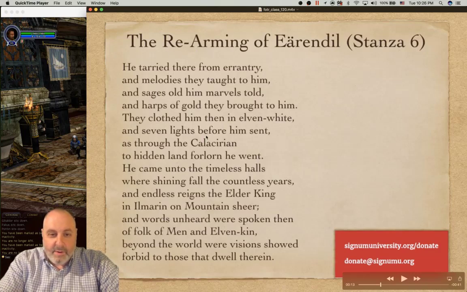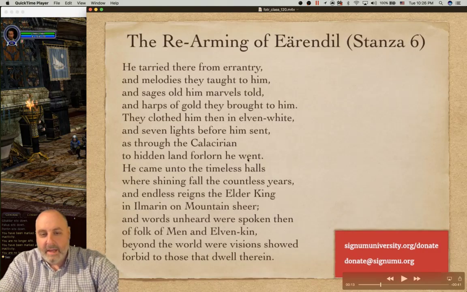Because then they clothed him. To hidden land forlorn, he went. Okay, I guess you could say. He went. Okay. He came unto the timeless halls. Okay, so we get a couple here.